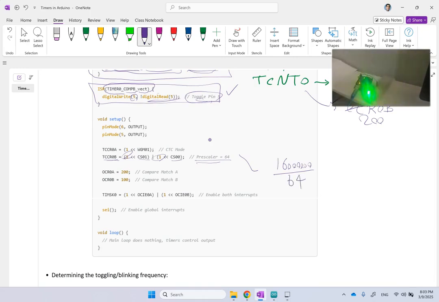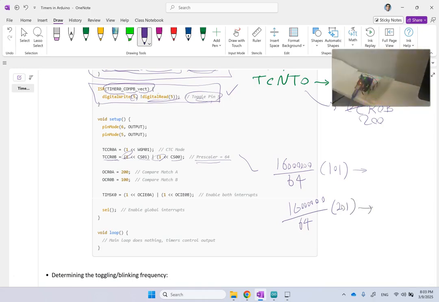And then for scenario A, you're only counting from 0 to 100, so you're counting 101 numbers. Whatever you get here is going to be the timing that you have, correct? For the other one, it's a very similar thing, except you count from 0 to 200, so multiply by 201.